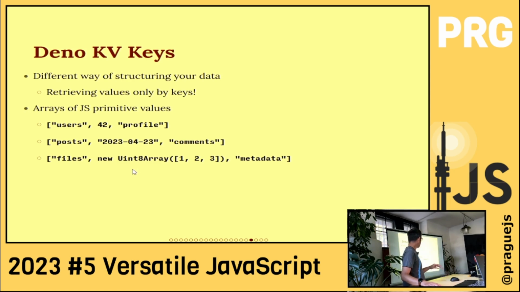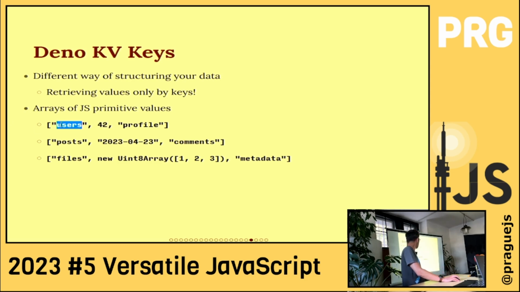And we are using a different approach. We're using keys, which are sequences of primitive values. So I have a set of examples of keys that might be useful. For instance, the key of users, 42, and profile. That might be a way to store information about a particular user, 42 being the user identifier.